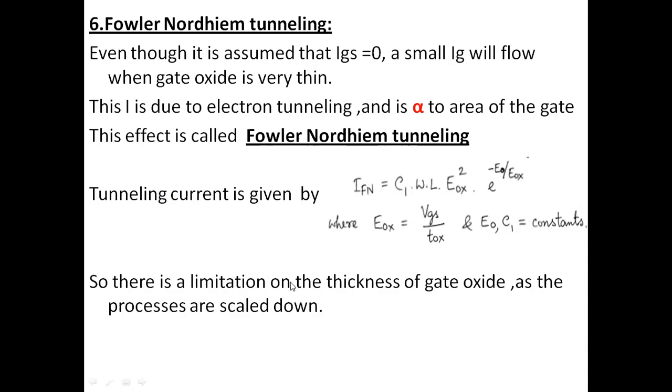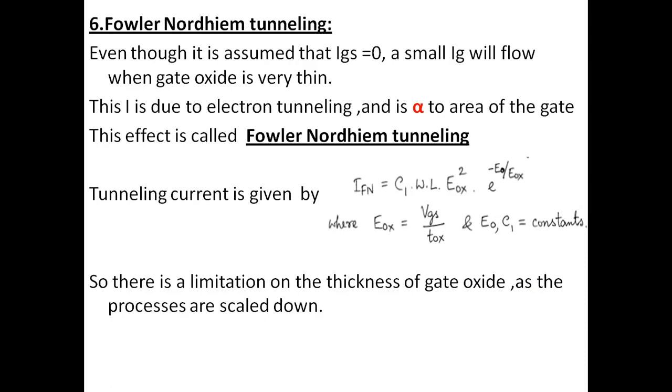So we have a limitation on the thickness of the gate oxide as the process is scaled down. What this means is that due to advancement in technology, we have smaller and smaller devices, hence the gate oxide thickness is also reducing. But I cannot have an arbitrarily small thickness of the gate oxide or SiO2 layer.